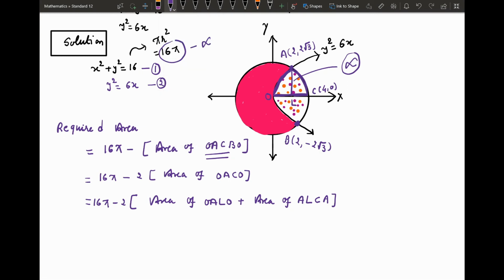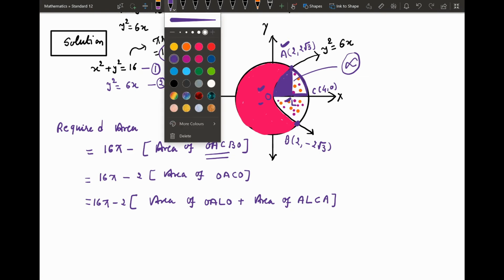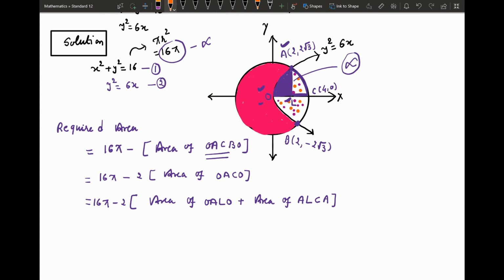One, this one, is area O A L O, and plus area of A L C A, that is this portion.